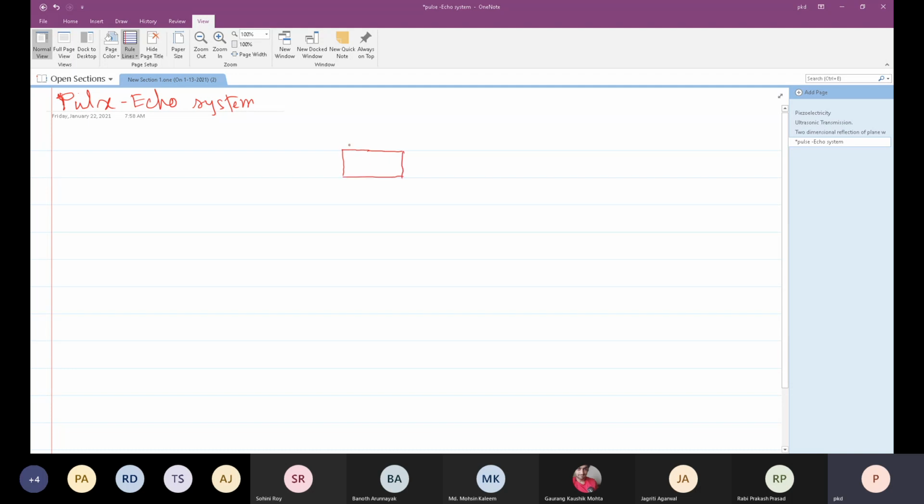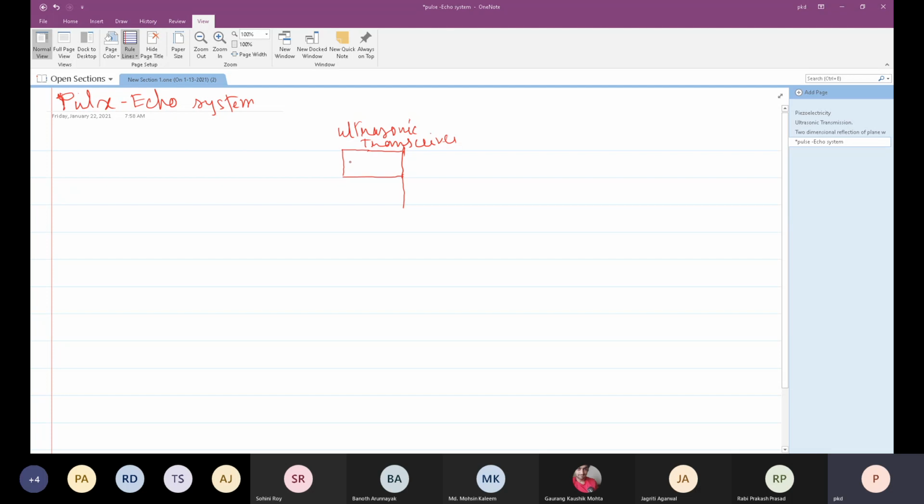So here we have an ultrasonic transceiver, and usually it is attached to the medium, because the air to medium boundary is quite strong. So the discontinuity of the acoustic impedance is quite strong.